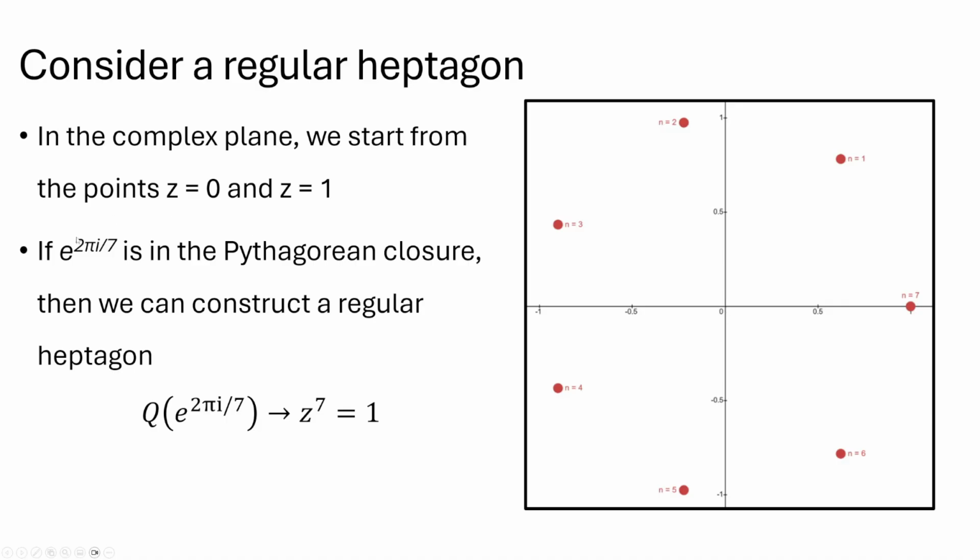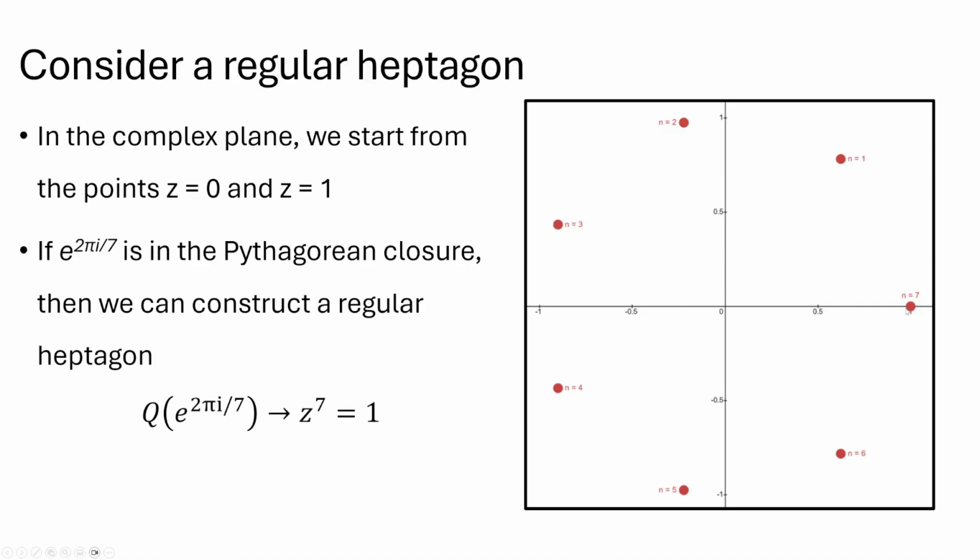And the way that you would construct something in the complex plane, especially if you want specific sides, you can take this from the Euler formula, and 2 pi i is going to be a full circle, right? And if you divide it by 7, then what you're saying is you're breaking 7 points along the circle. And so if we can construct any of these points, then we can construct the regular heptagon.